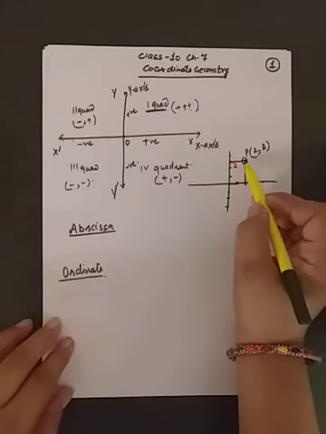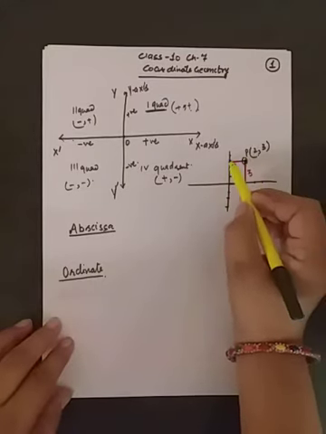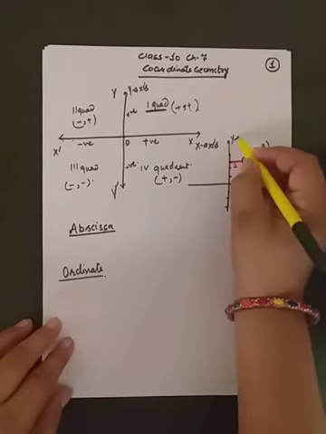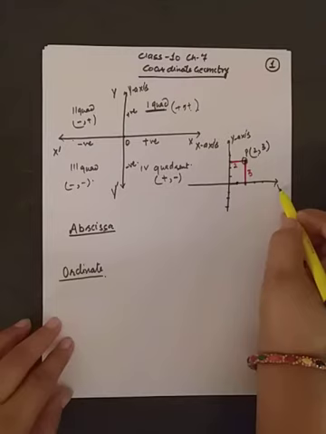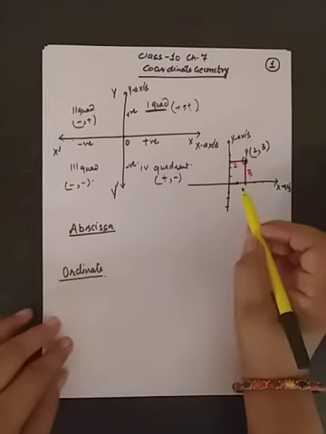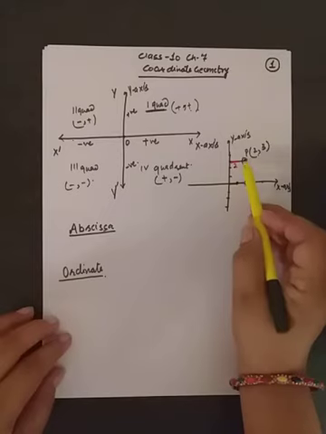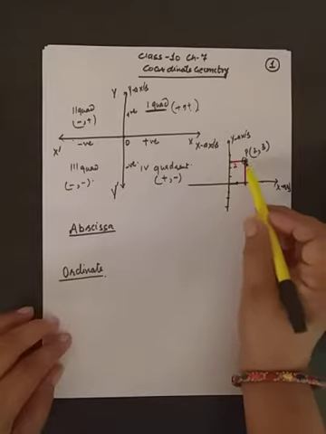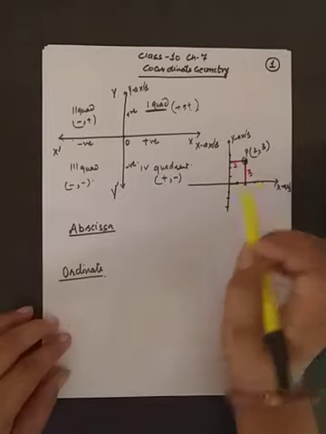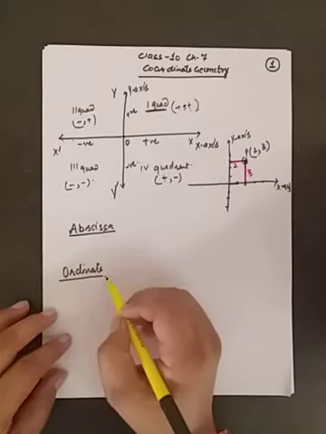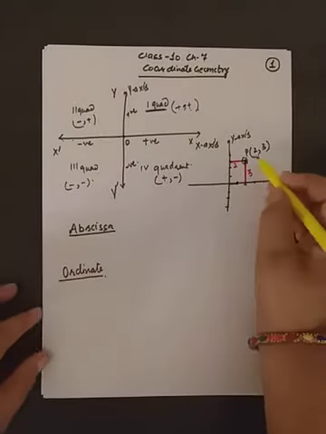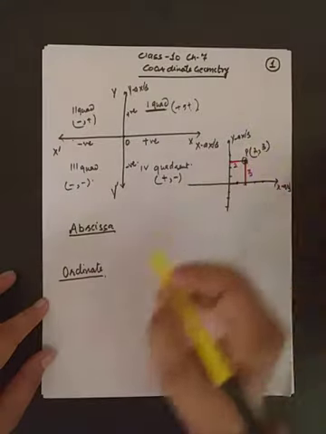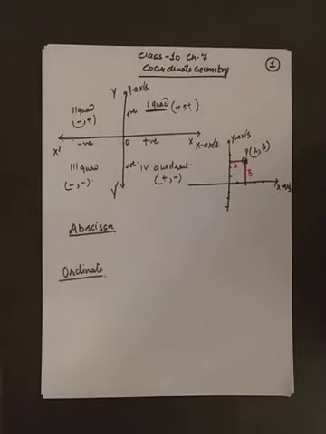So the perpendicular distance of a point from the y-axis is called the abscissa, and the perpendicular distance of a point from the x-axis is called the ordinate. Or you can say the x coordinate is called the abscissa and the y coordinate is called the ordinate. Actually, the abscissa and ordinate are the distances of a point from the y-axis and x-axis.